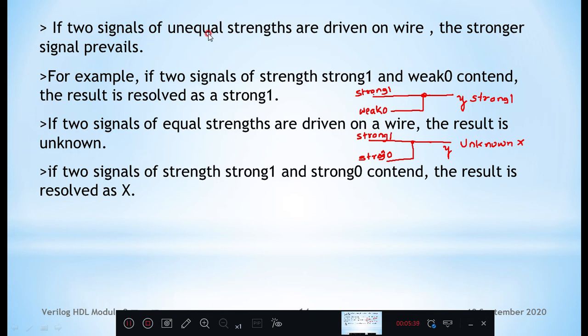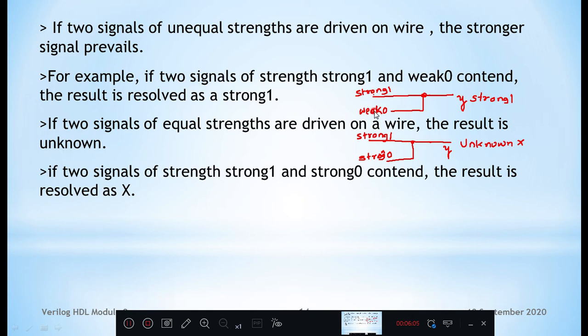If two signals of unequal strengths are driven on a wire, the stronger signal prevails. For example, if two signals, strong 1 and weak 0, contend, the result is resolved as a strong 1. So strong 1 and weak 0 you are trying to assign to signal y, two values at a time. If they contend, the resolved value will be strong 1 because the strength levels are different.